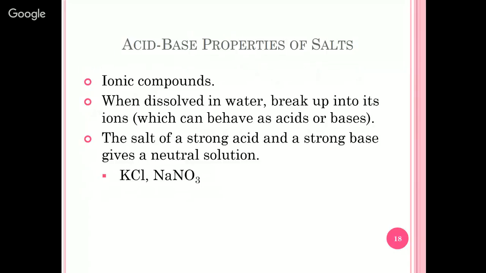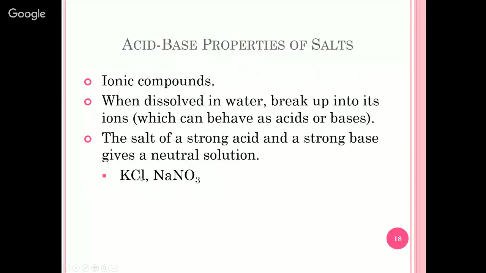When we're looking at the reaction of a strong acid and a strong base, it will give a neutral solution. So in trying to figure out whether salts are acidic, basic, or neutral, we're going to be looking at what the ions present are. If you are a group 1 metal, an alkali metal, you cannot act as an acid in solution.